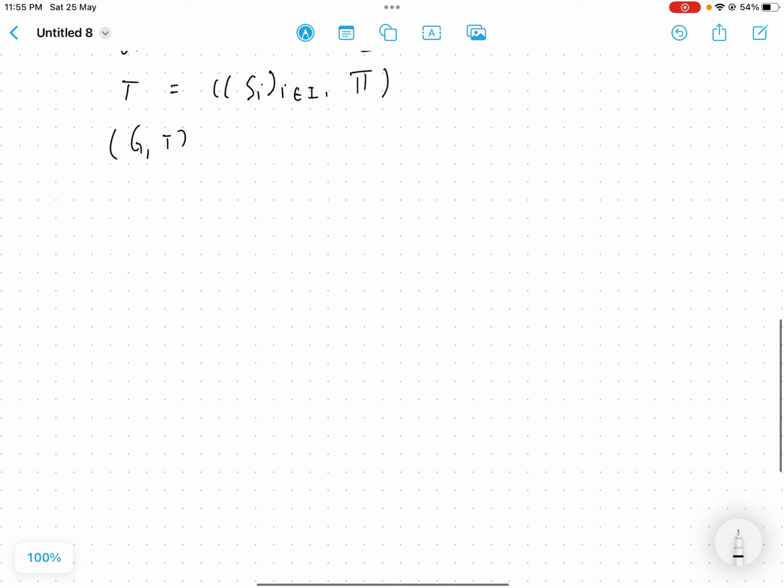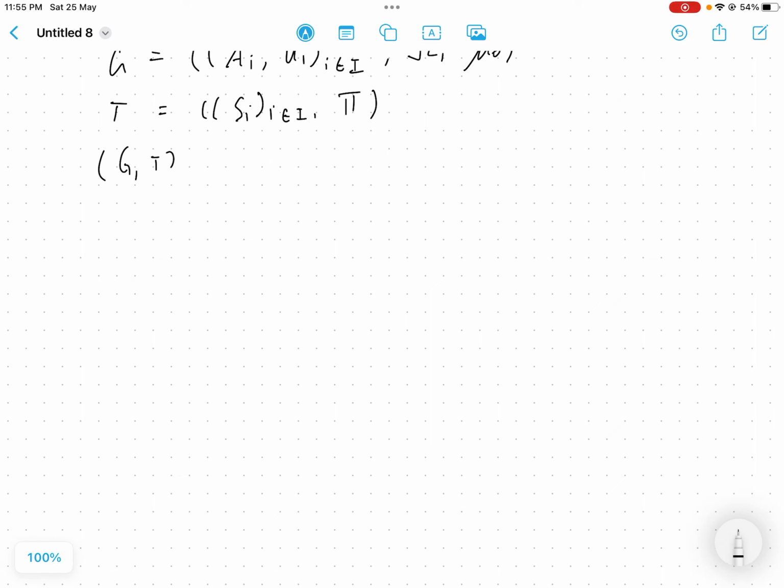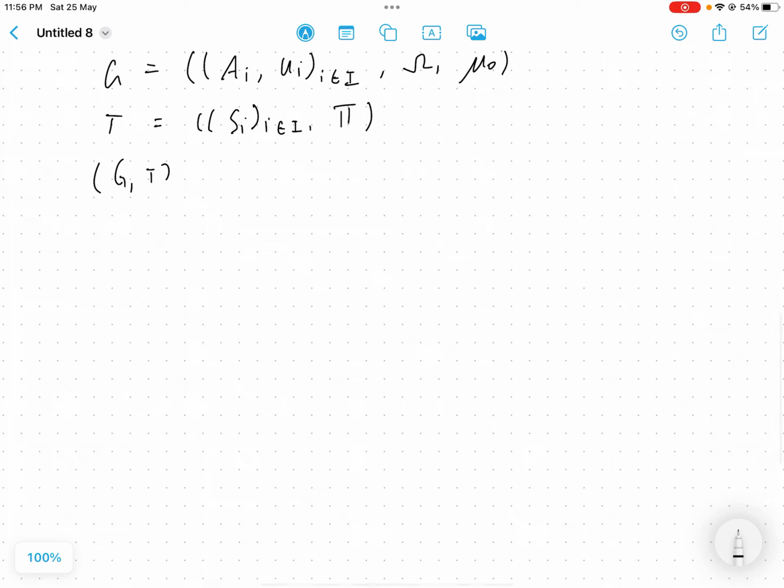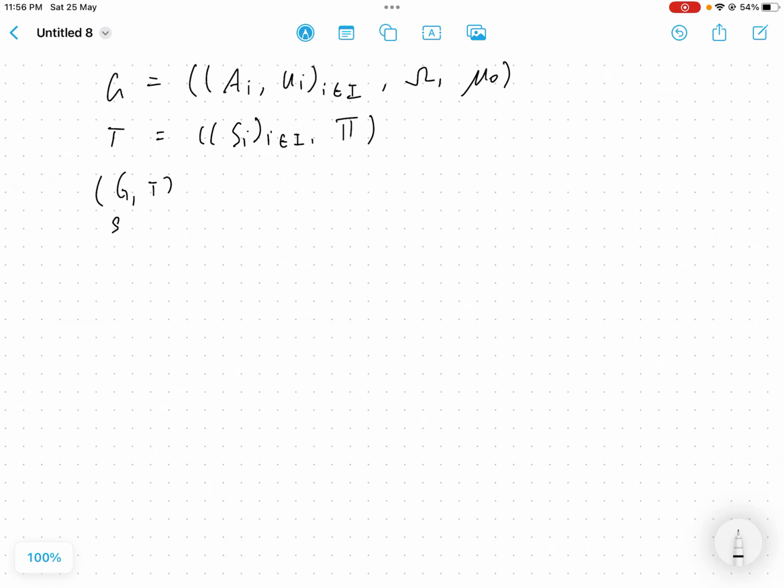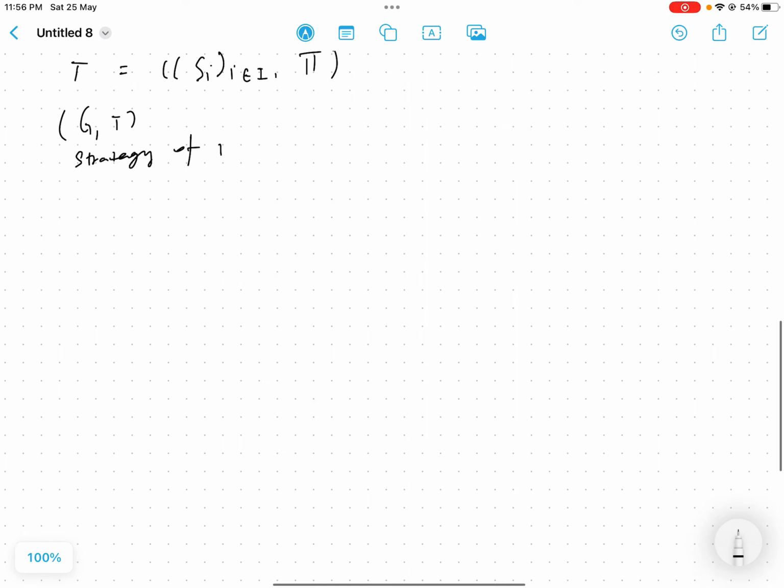So let's do that. Given this G and the information structure, given this game with incomplete information, a strategy of player i, which we write as sigma_i, is a map from S_i to the distribution over A_i.